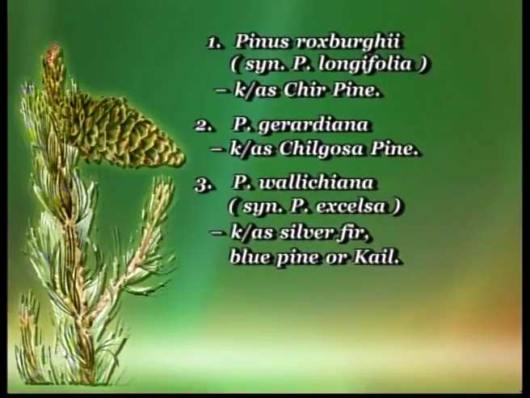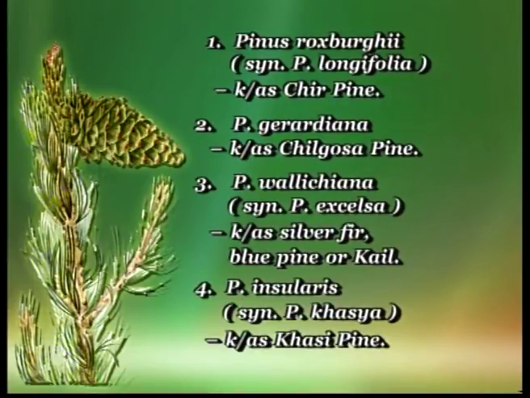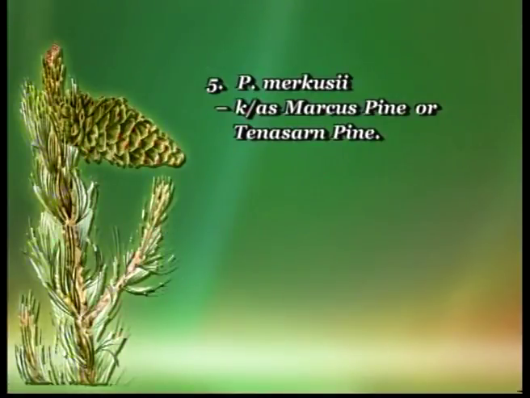Pinus wallichiana, known as Pinus excelsa, is also called silver pine, silver fir, blue pine or kail. Pinus insularis or Pinus khasia, popularly known as Khasi pine, Pinus merkusii or Merkus pine and Pinus armandii. So, these are the Indian species of Pinus.